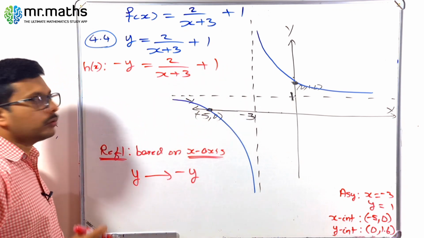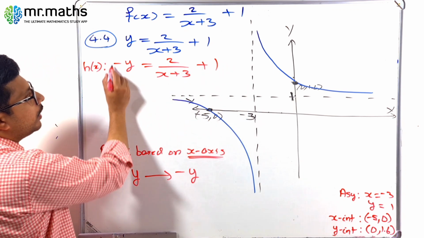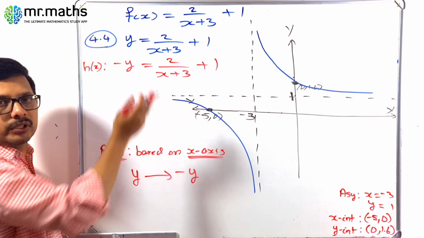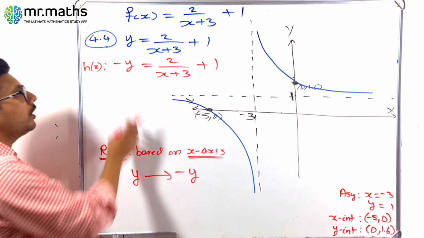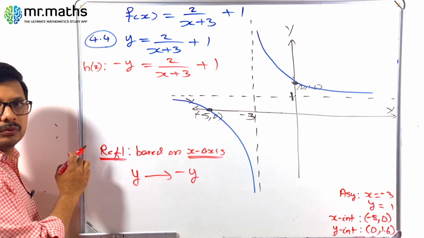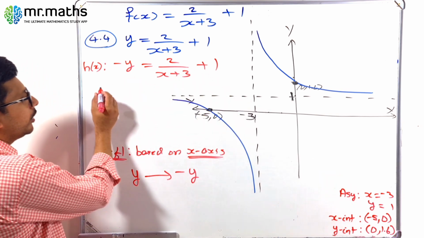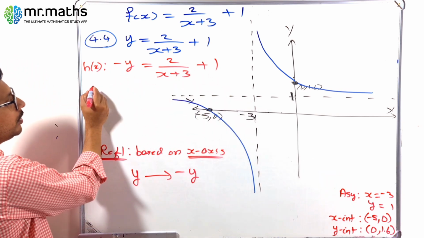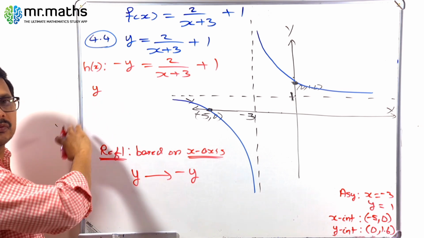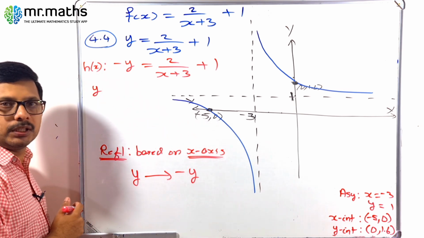Now here you can't leave the answer like this, minus y. That is not a standard form. Here you are supposed to write positive y. So what do you have to do? Multiply throughout with a negative. Negative into negative is positive. Both sides, left side and right side, I am going to multiply with a negative.